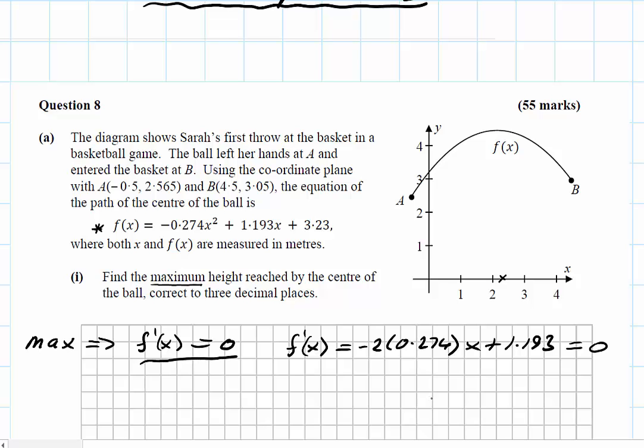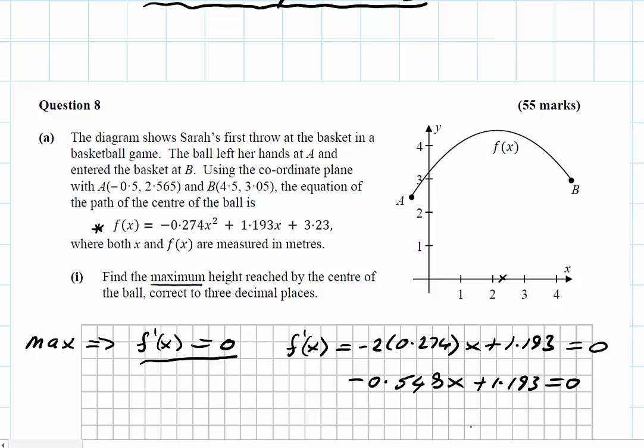And let's work that out. We've now got minus 2 times 0.274, which is 2 4s is 8, 2 7s is 14, carry the 1, 2 2s is 4, and 1 is 5. So minus 0.548x plus 1.193 equals 0.